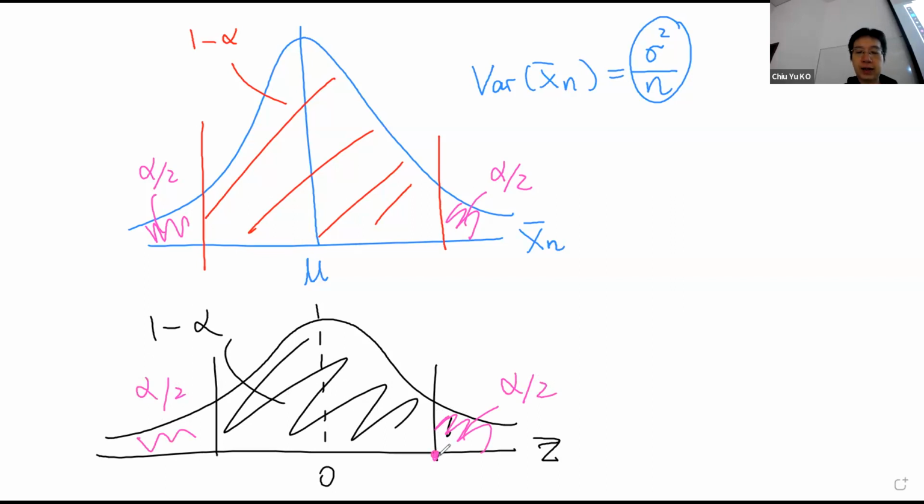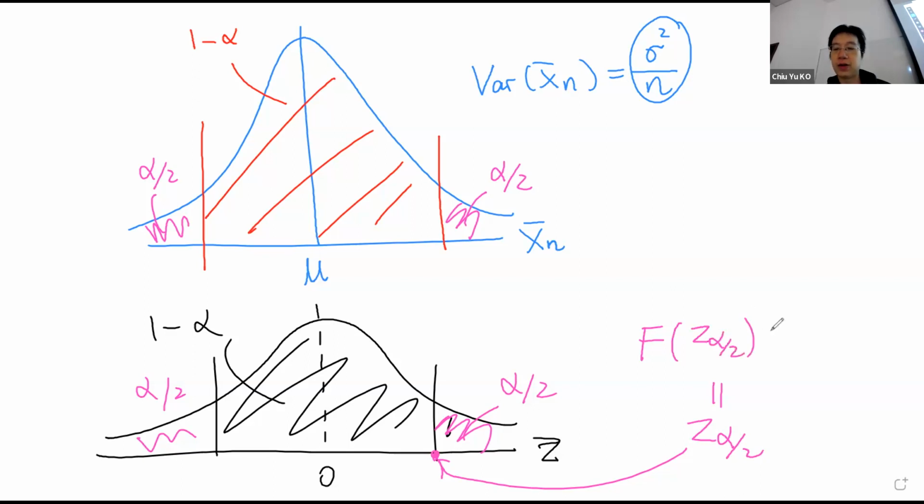The way we denote this is called Z alpha over 2, because it refers to the right tail area. This is equivalent to saying F of Z alpha over 2 equals 1 minus alpha over 2.